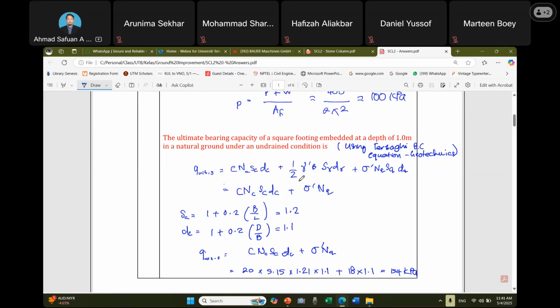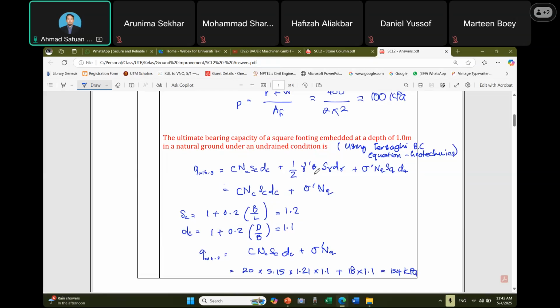So then, Nc is 5.15, Sc is 1.2, Dc is 1.1 based on this equation. 18 is the gamma.